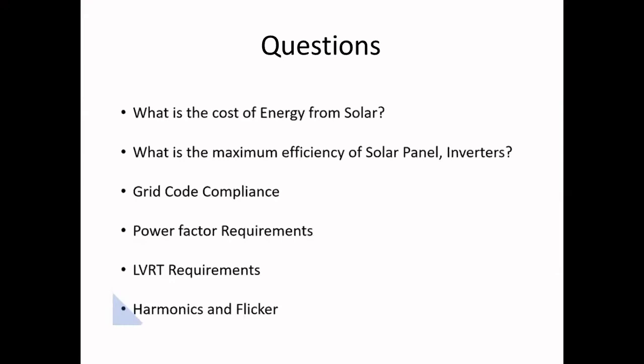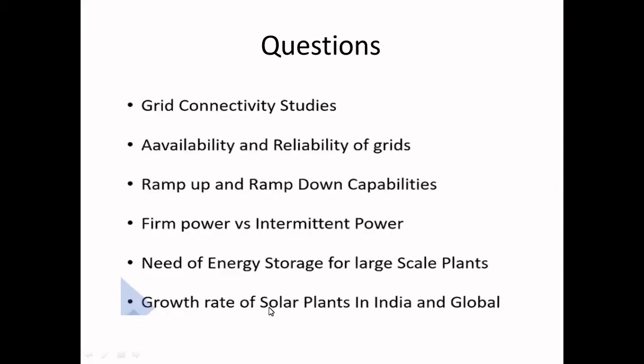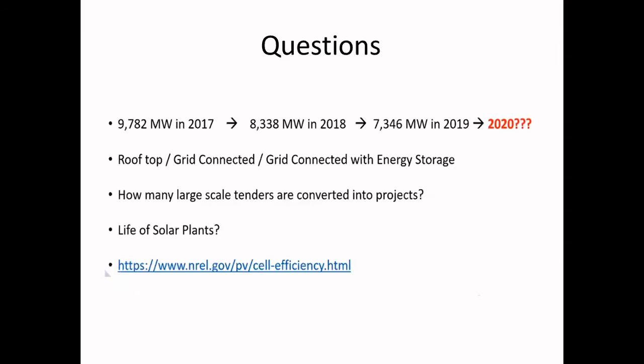What is the cost of energy from the solar, and power factor requirements, harmonics and flickers generated from the solar panels, and availability and reliability of grids, ramp up and ramp down capability, growth rate of solar panels in India, and the scenario of global international options available. What is the growth rate in the international market? These are the questions that will be addressed.